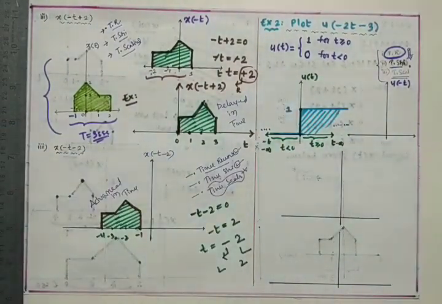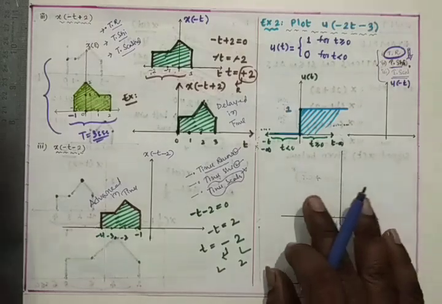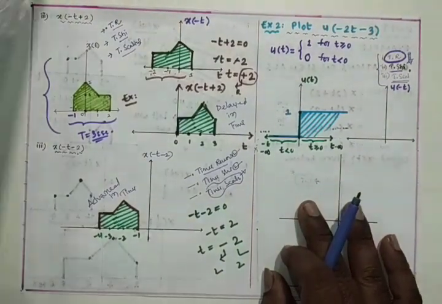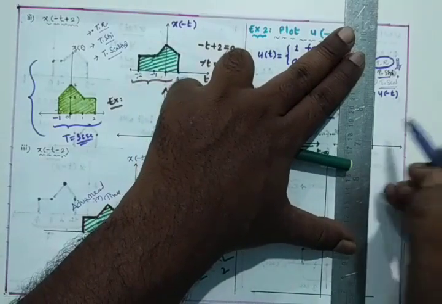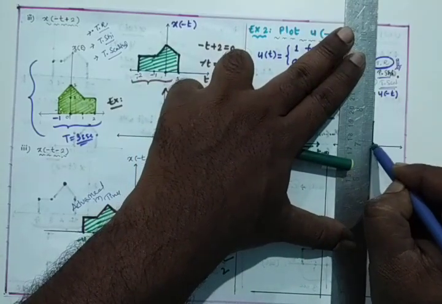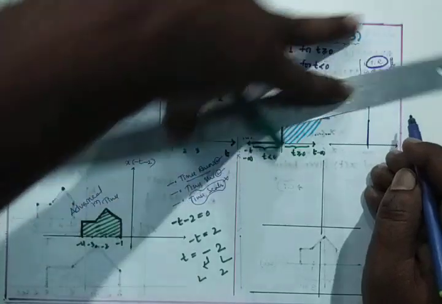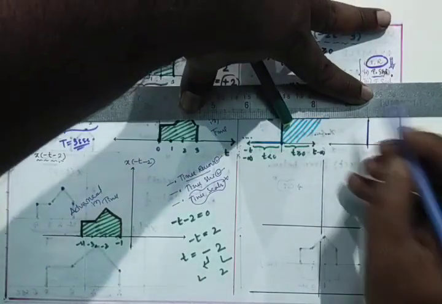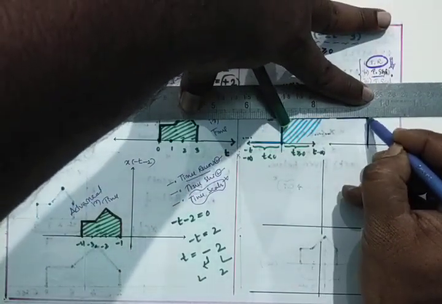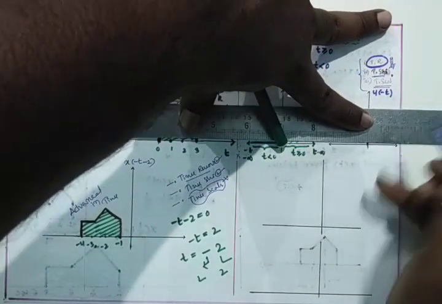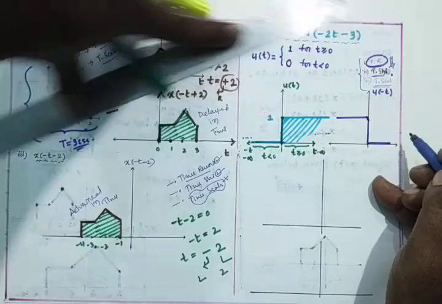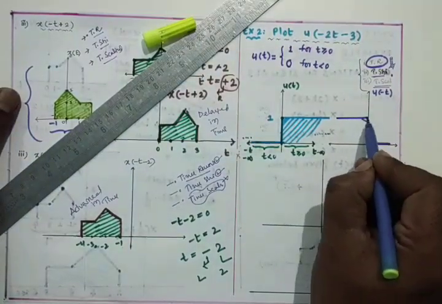Whatever signal is in the first quadrant, we get in the second quadrant, and whatever is in the second quadrant, we get in the first quadrant. So by applying the reversal or folding operation, we get the signal like this. This is the time reversal operation applied on the unit step signal. This is u of minus t.